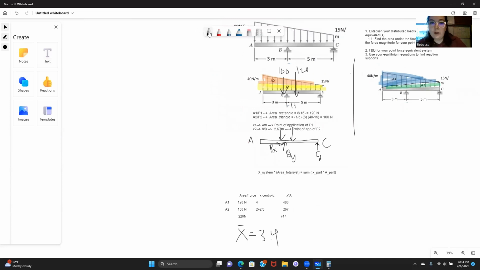This means that we also could have solved this by doing just one single analysis of 1.4. So at our 3 meter mark, we're going to have our By and our Bx.